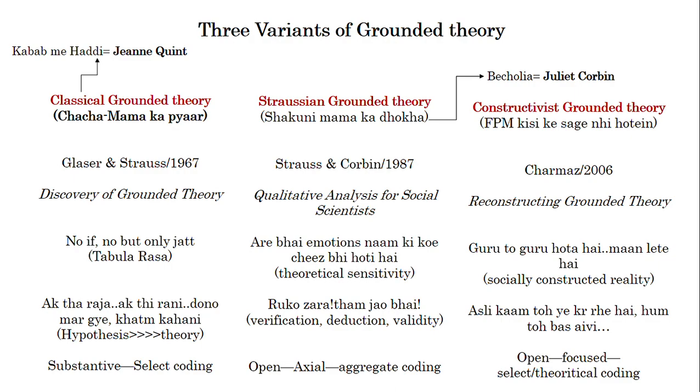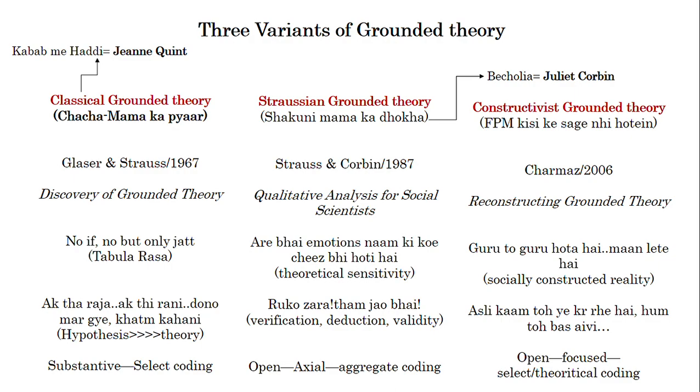Classical grounded theory says that you cannot include, as a researcher, your own interpretation of what the informants are saying. You have to avoid it as much as you can. So this is a very rigid, very strict, very narrow way of looking at reality.